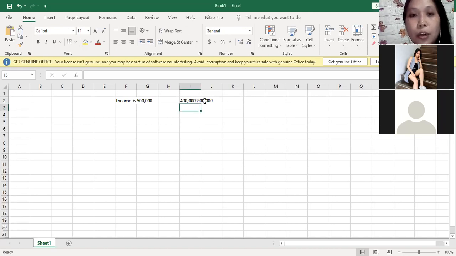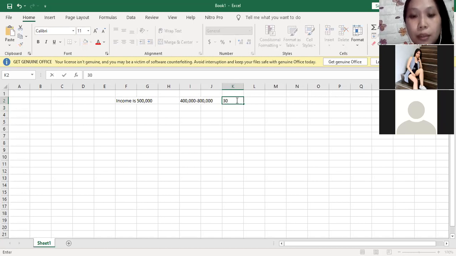Going back here. So if it's part of the 400,000 to 800,000, it says there that you have 30,000 plus 25% of excess of 400,000. So what are we going to do?